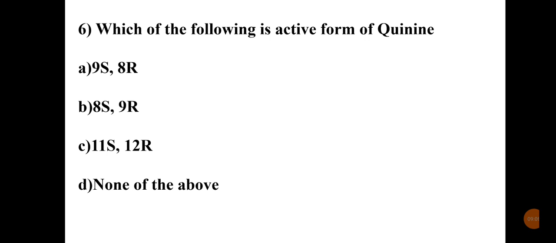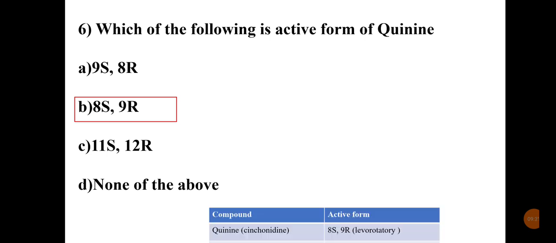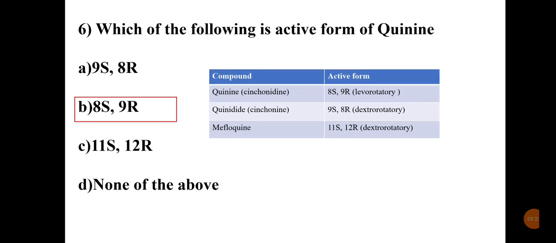So here the answer is 8S9R. These are just different derivatives or stereoisomers of the quinine, like as we know quinine, quinidine, right? So we can see here are the different forms like quinine, quinidine and mefloquine. And what is the active form? About the quinine, the active form is 8S9R, that is the levorotatory, right?